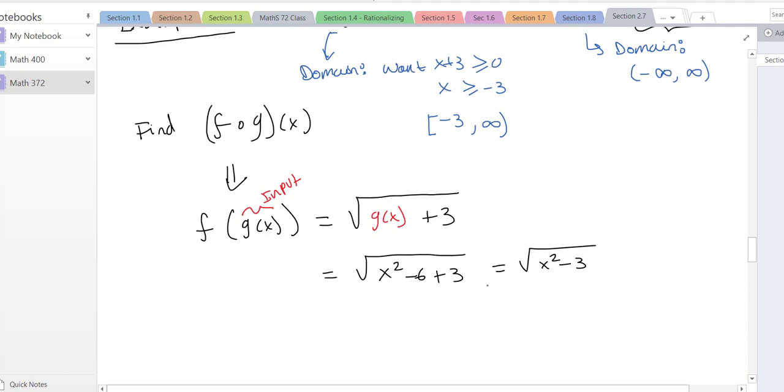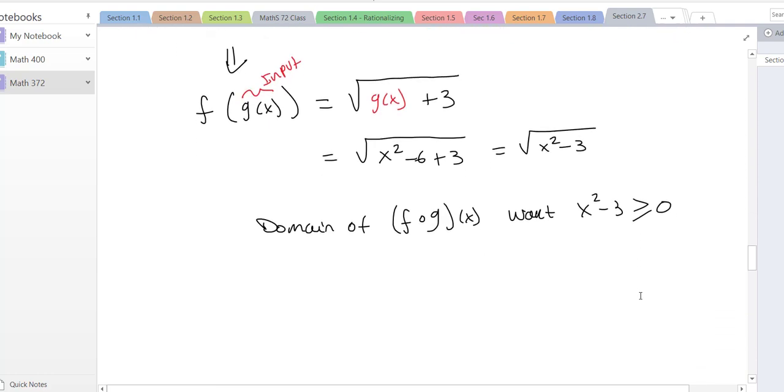So I have my composition of functions, and notice that we still have an even radical. So for the domain of the composition, we want x squared minus 3 to be greater than or equal to 0.